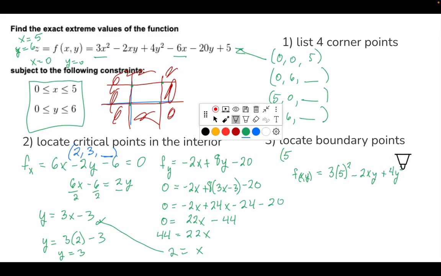Oops, not xy. Everywhere there's an x, we're going to put a 5. Minus 6 times 5. Not enough room. Minus 20y plus 5. Okay, so that's our new one.